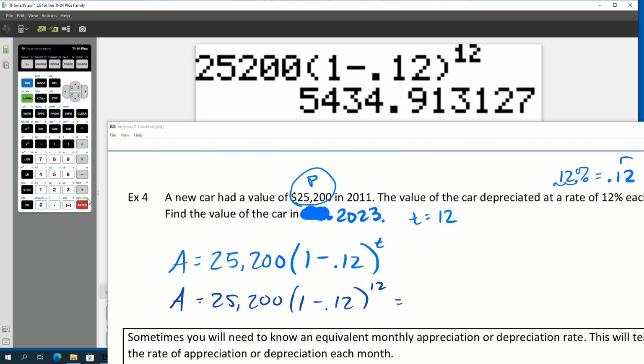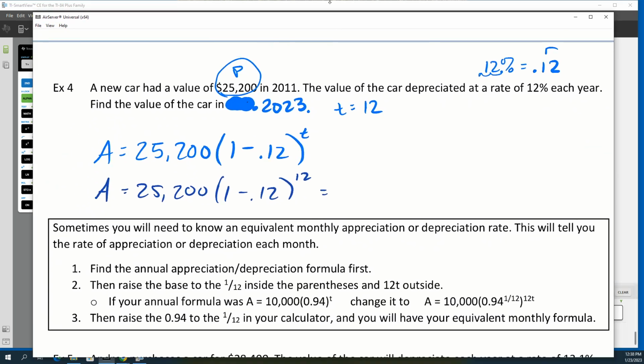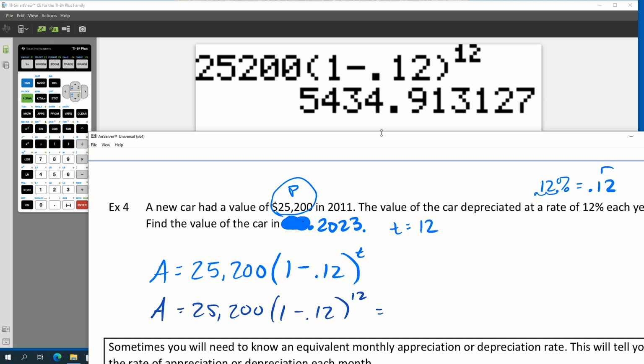I mean, that is a long time to have a car. But after 12 years, we're down to $5,434.91.